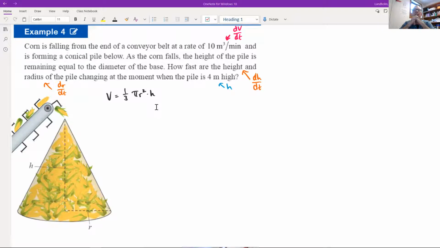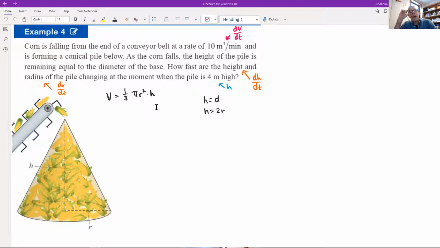In that second sentence, we have a relationship between the height and the diameter of the base. So what we have is the height is equal to the diameter of the base. The height is equal to 2 times the radius.